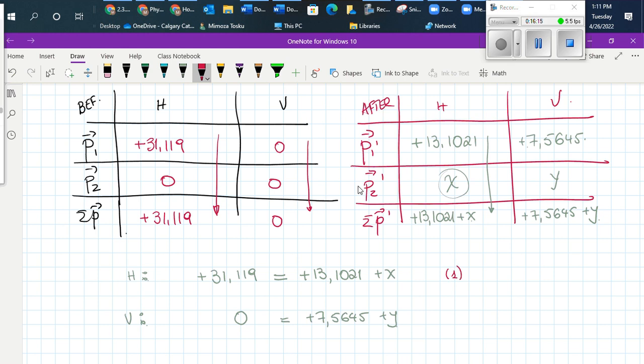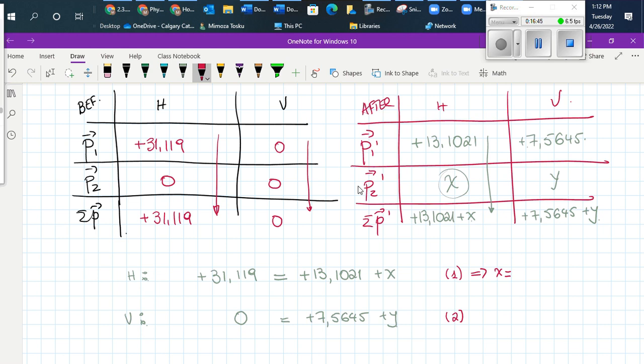Equation 1 is the result of equating the horizontal component of the before and after, and equation 2 is the result of equating the vertical component before and after.